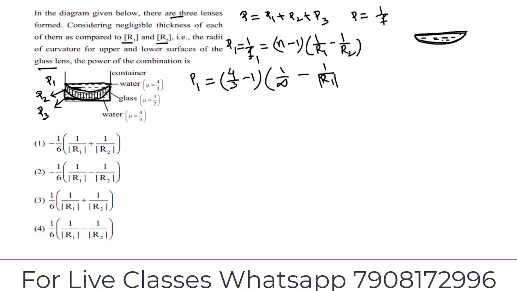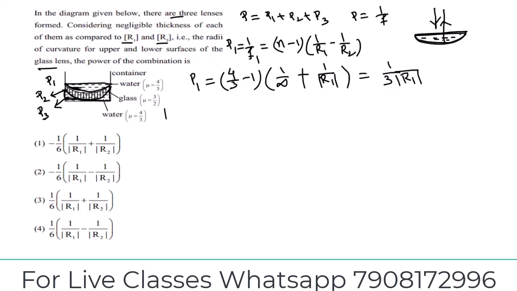Now, R1 is positive or negative, we have to check. Let's say we are seeing from this side, so light is coming in this direction and the radius of curvature is in this direction, so it becomes negative. So the total will be positive. So, this becomes 4 by 3 minus 1, which is 1 by 3, mod R1, and 1 by infinity is equal to 0. So, P1 is 1 by 3 R1.